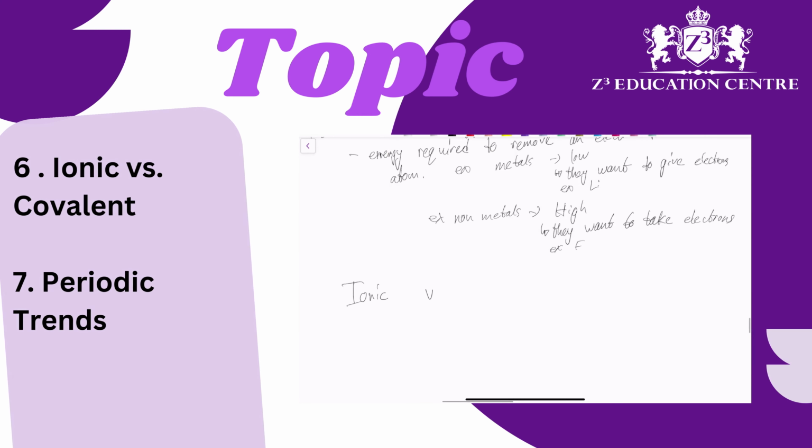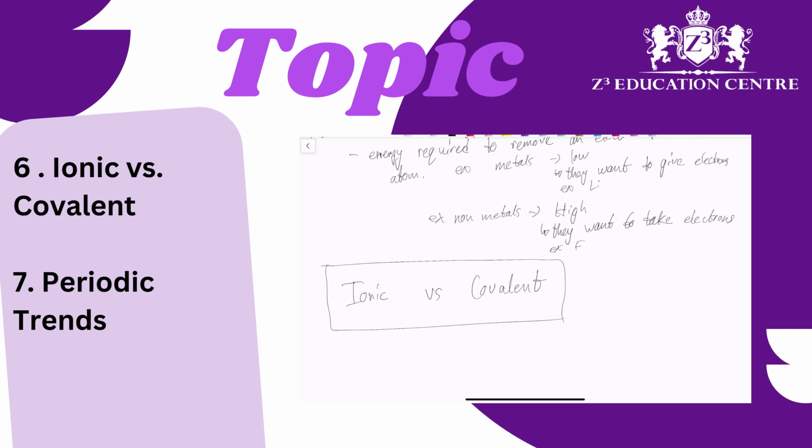Ionic versus covalent. So look at your notes for ionic versus covalent in terms of bonding, melting point, boiling point. What are the differences? Can it conduct electricity? What type of atoms or elements are doing each of them? So take a look into that.